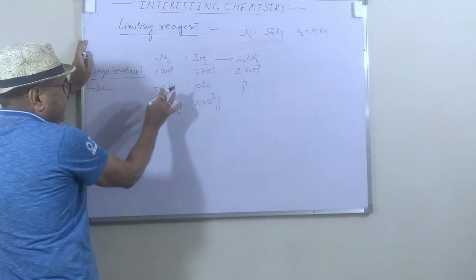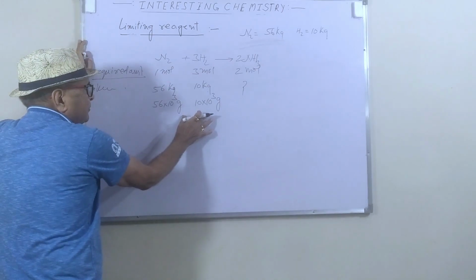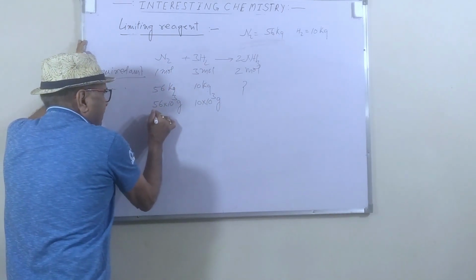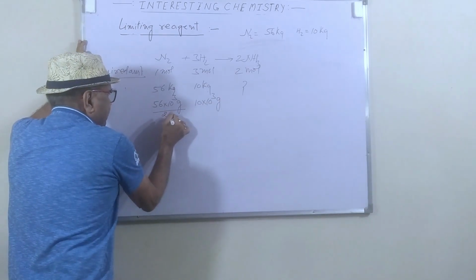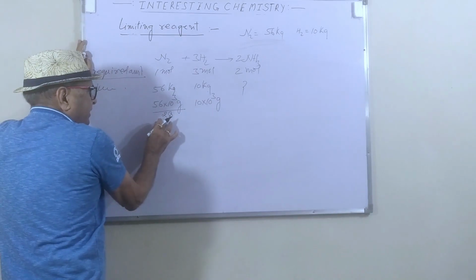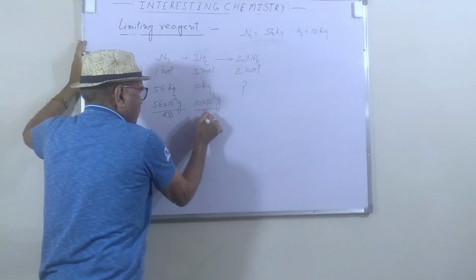Now you have to change this gram amount into mole. So again you will divide it by 28 because the molecular mass of nitrogen is 28 and the molecular mass of hydrogen is 2.